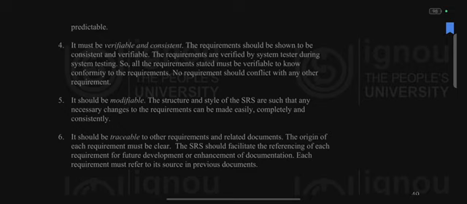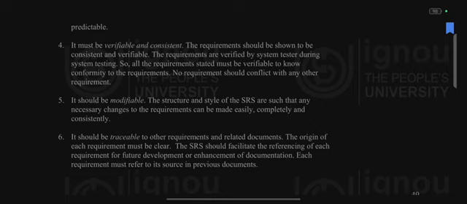No requirement should conflict with any other requirement. It should be modifiable. The structure and style of the SRS are such that any necessary changes to the requirements can be made easily, completely, and consistently.